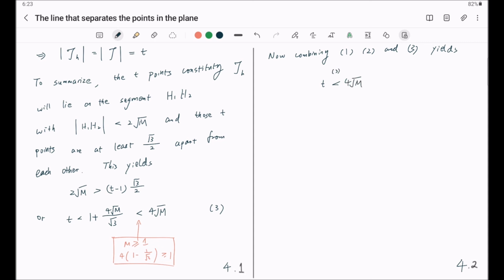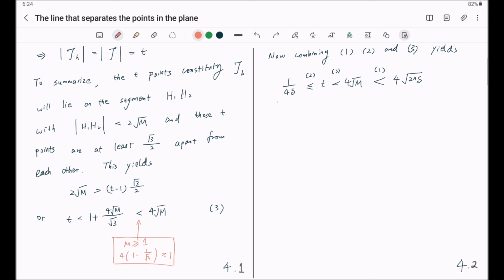This is by 3. And by 2, you get t greater or equal to 1 over 4 times delta. And by 1, you know 4 times root of m is less than 4 times 2n delta.